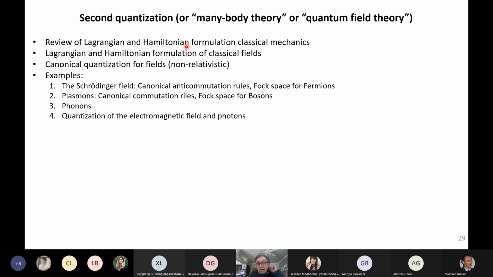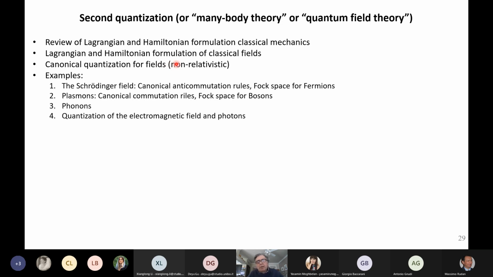We saw canonical quantization of classical mechanics for, again, a system with a finite number of degrees of freedom. We'll follow exactly the same procedure to quantize our fields. This is a very good way to do it, I think, because it's rigorous. It's the way quantum field theory was created.